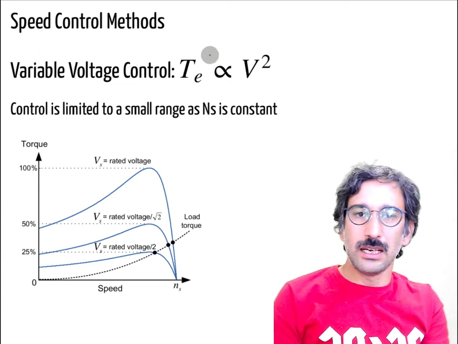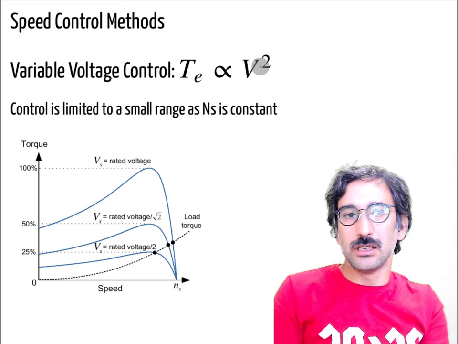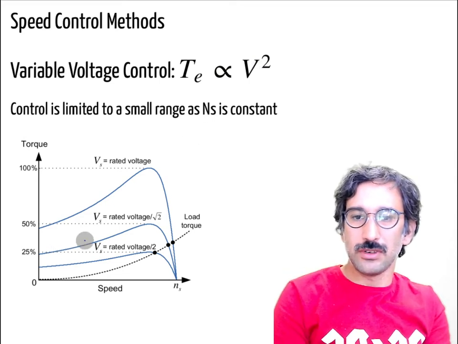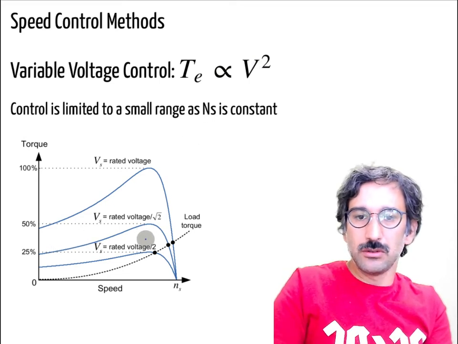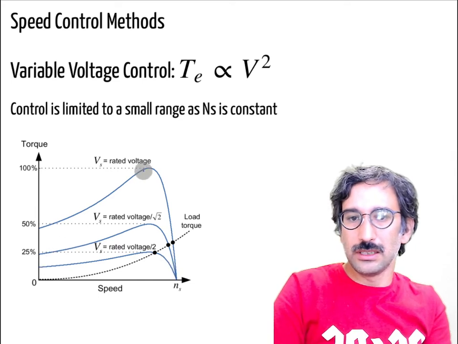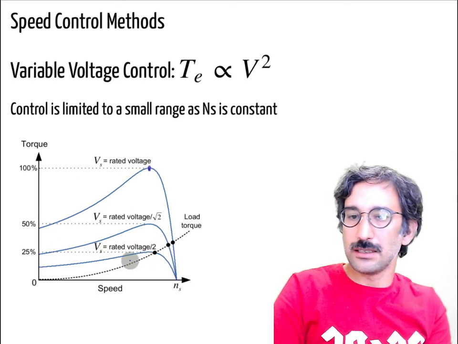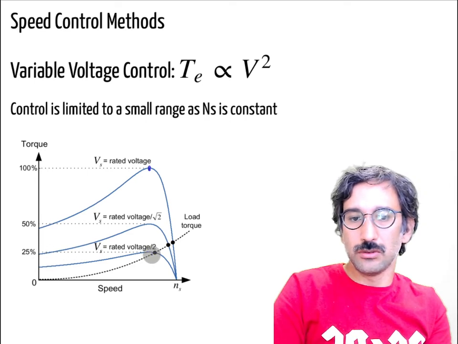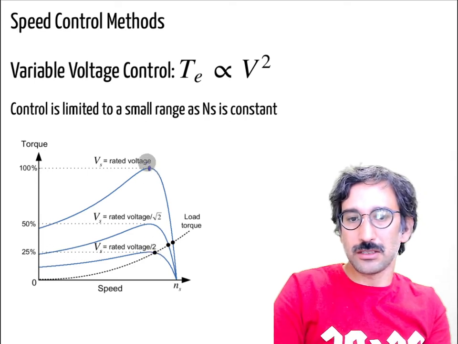So we know electrical torque is proportional with the square of the voltage. Okay, so if I just reduce the voltage to half, the peak value of the torque and all characteristics will be reduced to 25% of the actual value by halving the voltage.